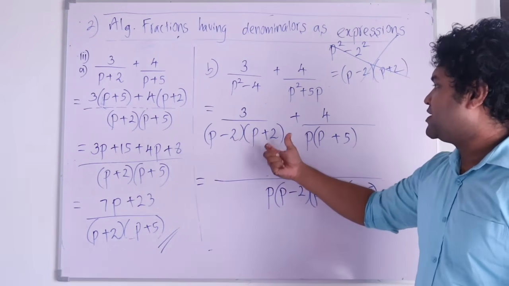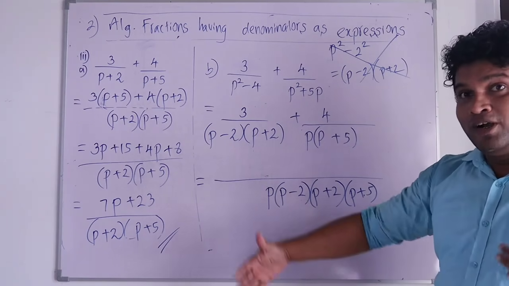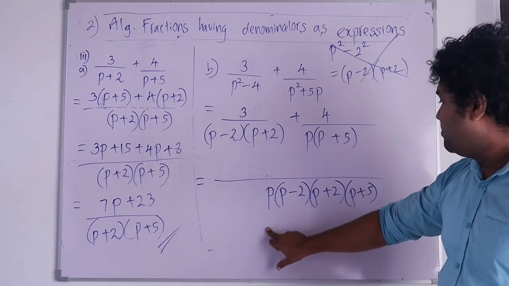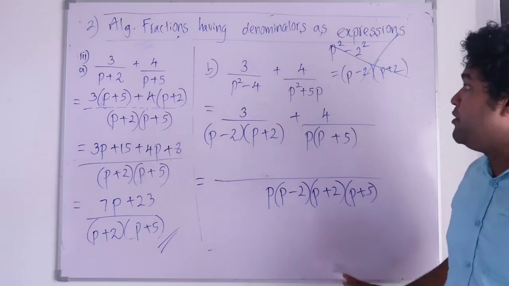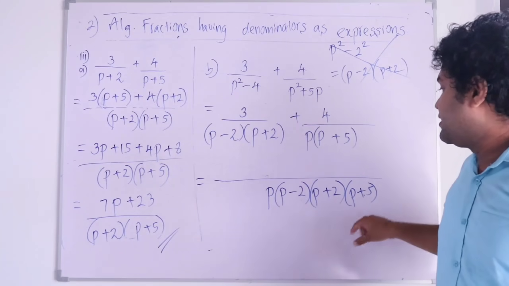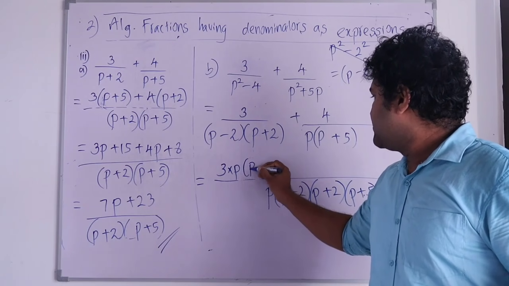P minus 2, p plus 2 you had, but what you have now is much longer. P minus 2, p plus 2. Other than that, you have p and p plus 5. It has been enlarged by p times p plus 5. Then you have to multiply, you have to enlarge with 3 by this factor. Therefore, 3 times p plus 5.